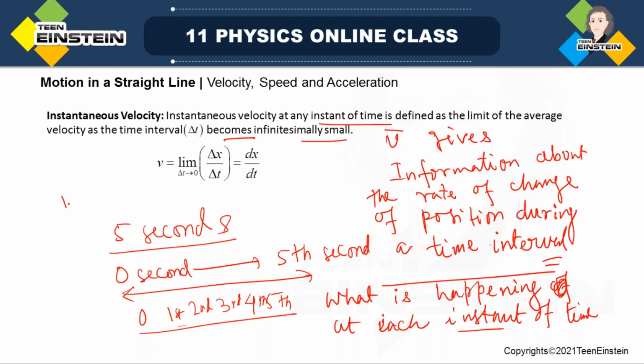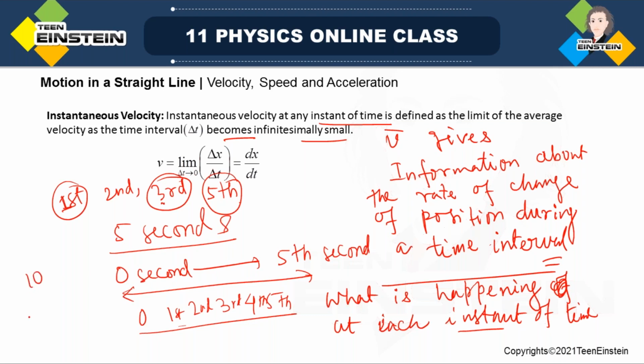Now, first second means only that particular instant. This is actually called an instant. Second or third, these are only that particular interval. If I say fifth second, that means just the fifth second, not more than that. Just at the fifth second, what is happening? This is called an instant.